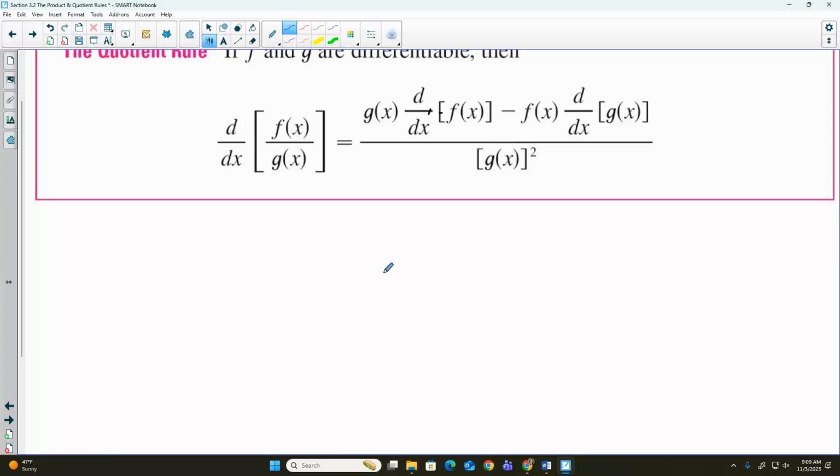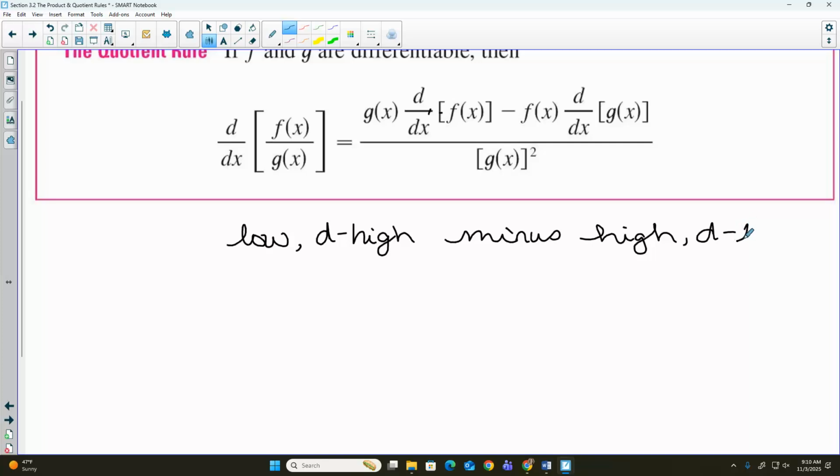So that's a little bit nastier. To try to remember it, I always say low d high minus high d low over low squared.